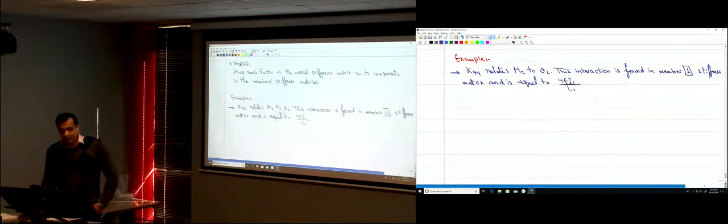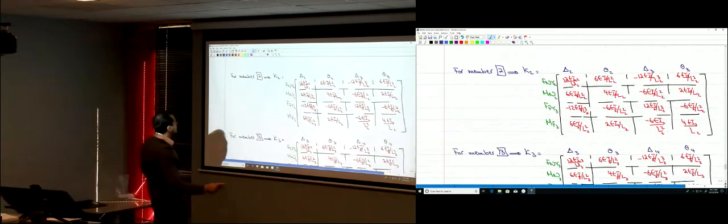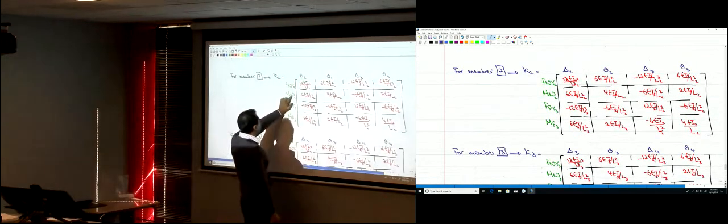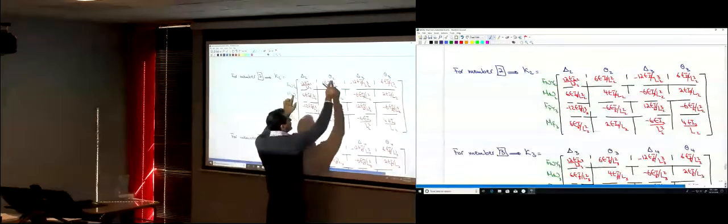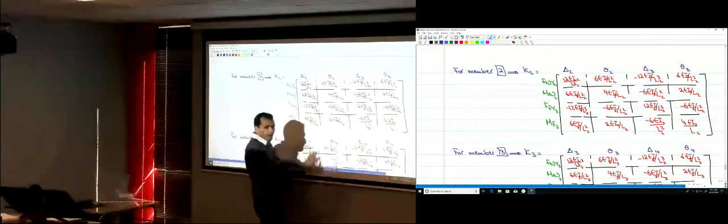So is this type of interaction found in another matrix as well? You said yes. In K2 here, we have M2 and theta 2, and it's 4EI2 divided by L2.